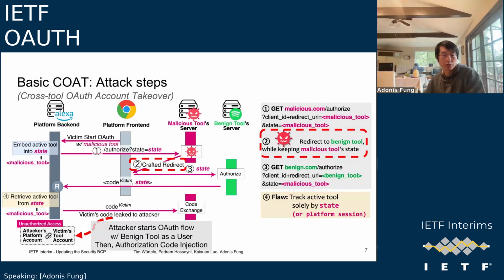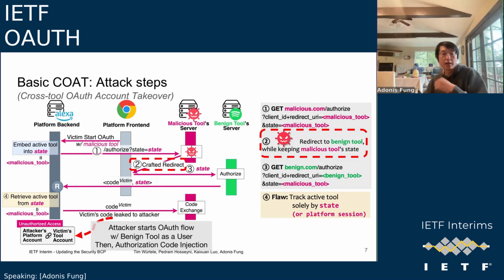Okay, so talking about the code. This graph is a little too overloaded, but let me try my best to give you a good idea about how to launch a code attack. First of all, think about if you are a user, you click a especially malicious link.